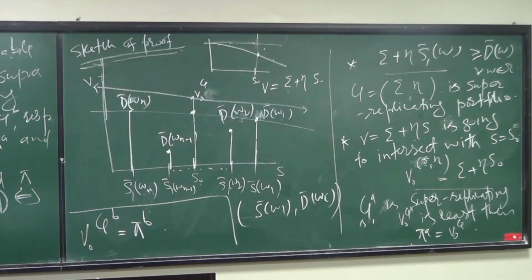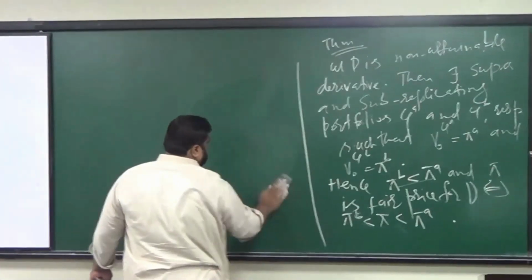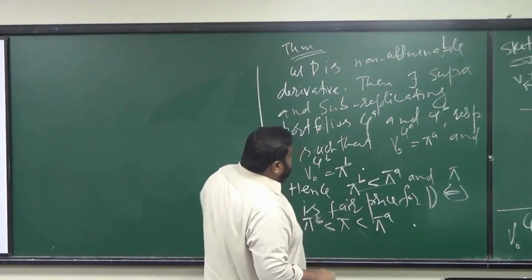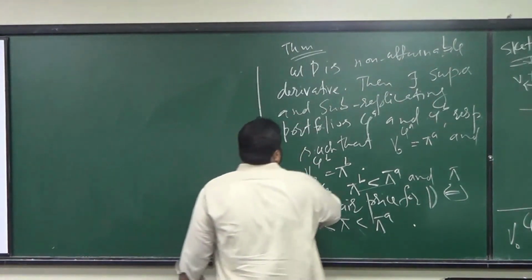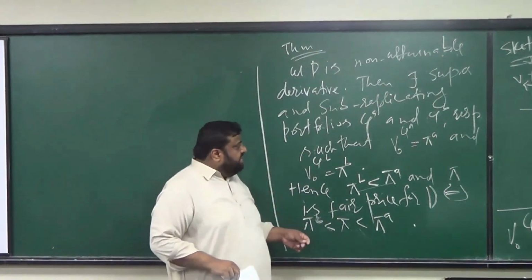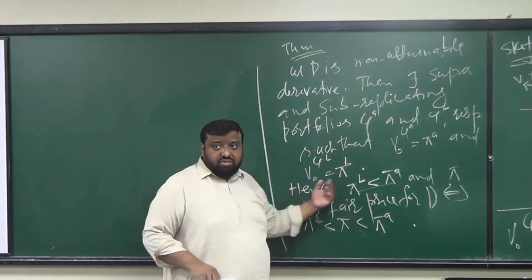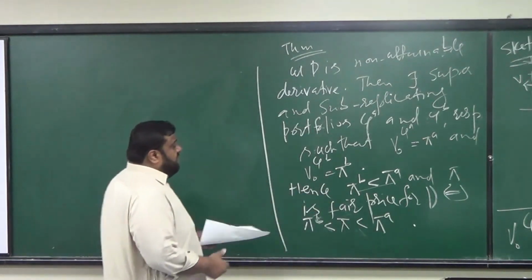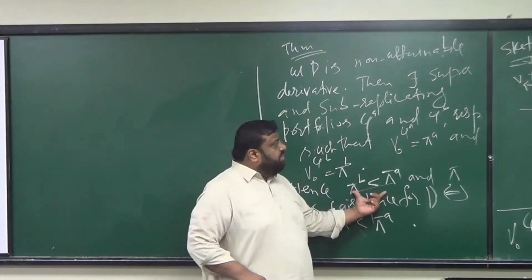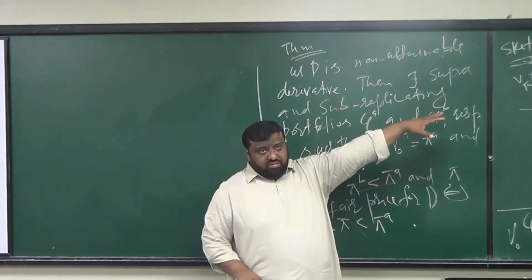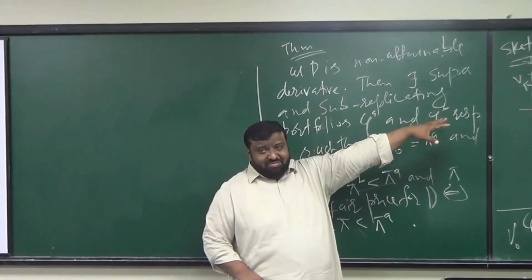The only thing which remains is to show that any price in between is going to be the fair price. Obviously, pi b less than pi a also follows from, at least we can see it pictorially.